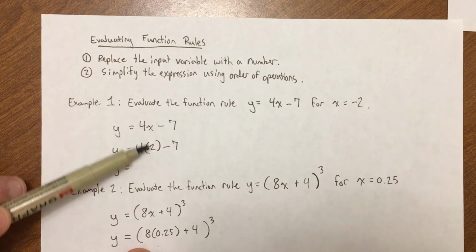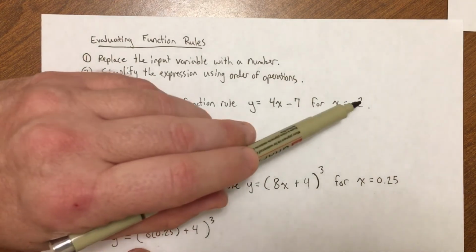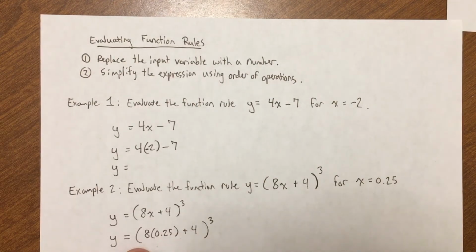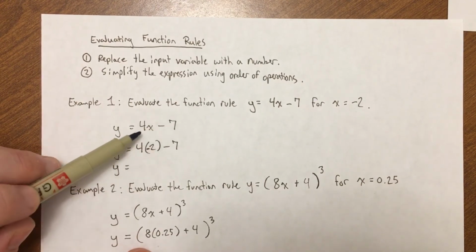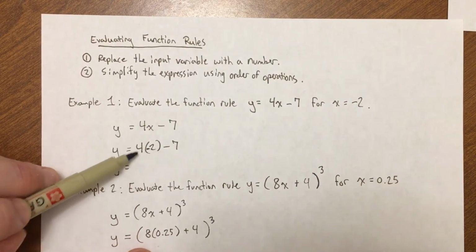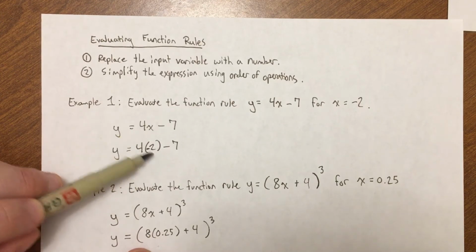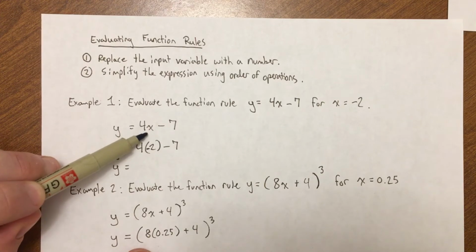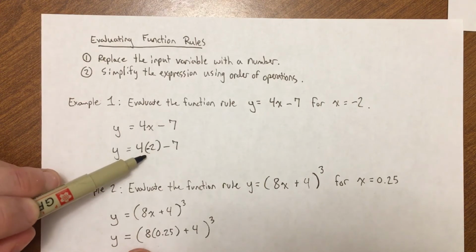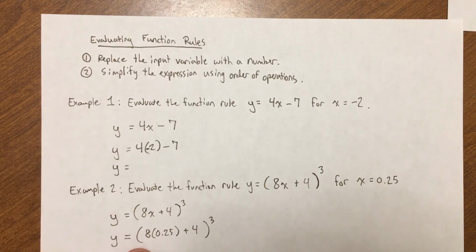Then we replace our variable with the number that we're plugging in for the input, which is negative 2. Remember, 4x means 4 times x. So 4 times negative 2 minus 7.